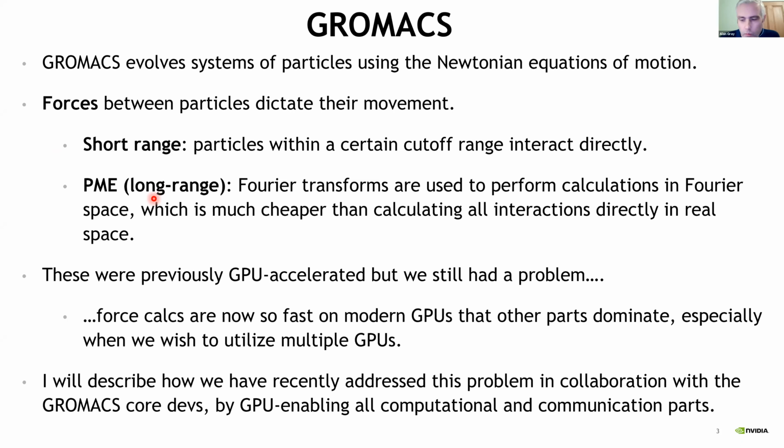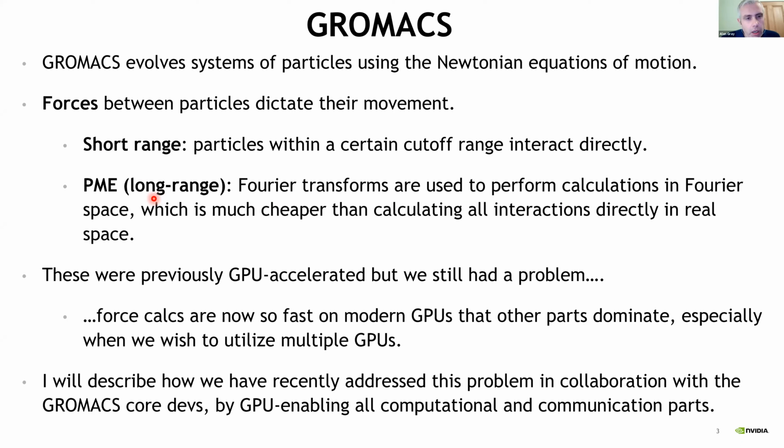But we also need to take into account all the long-range forces. Because these are weaker, we can use a trick called particle mesh Ewald, which essentially uses a Fourier transform to allow the calculations to be performed in Fourier space rather than real space, which is much cheaper computationally.